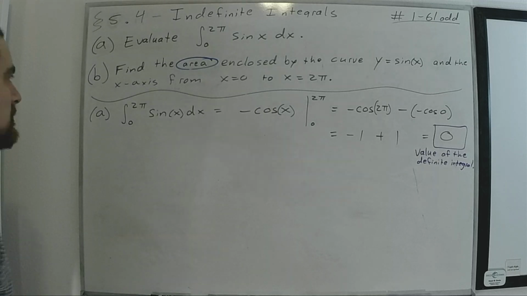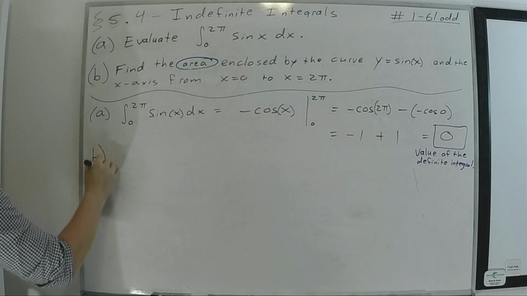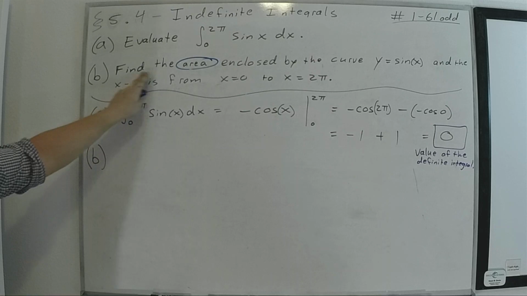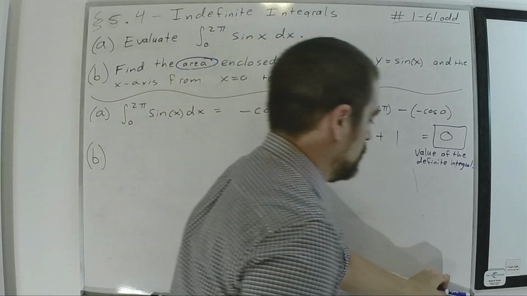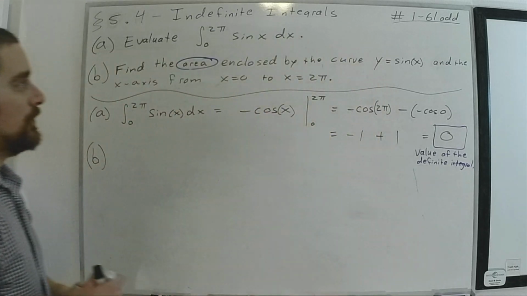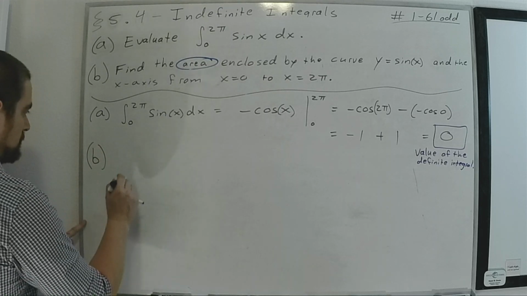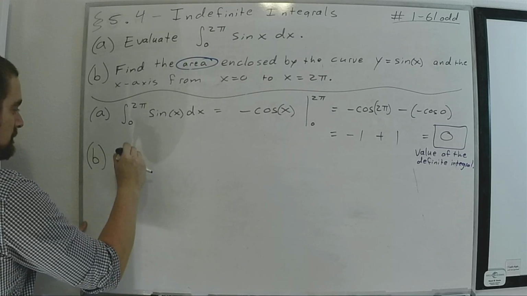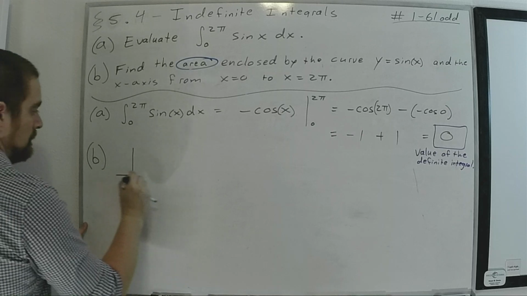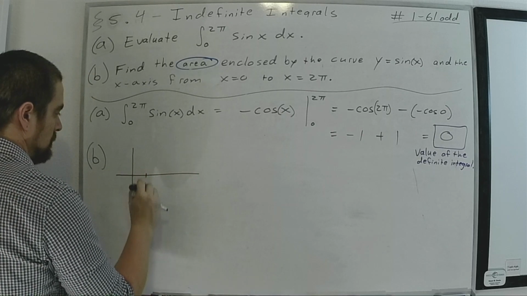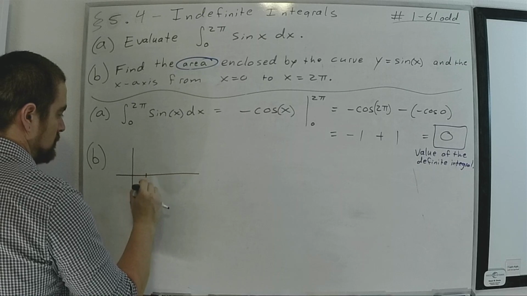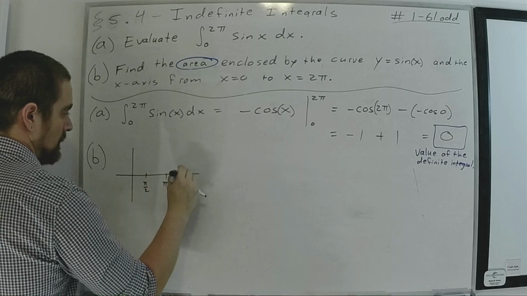Now, funny thing is, for part B, they want us to find the area enclosed by this curve y equals sine of x and the x-axis from 0 to 2 pi. Let's do this. We'll do pi over 2, pi.